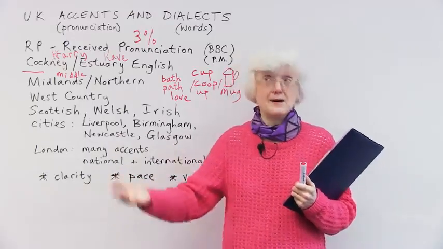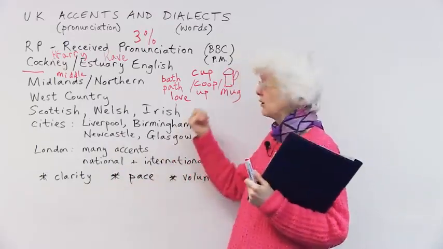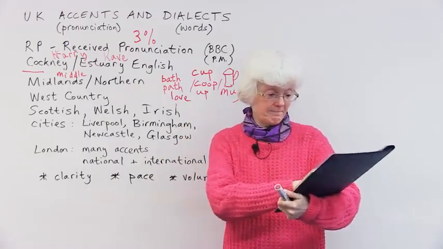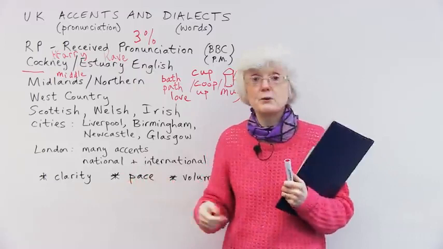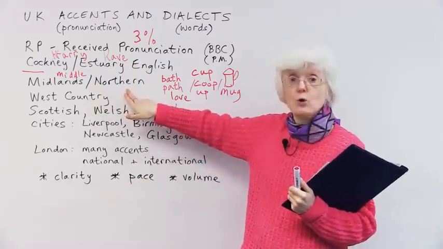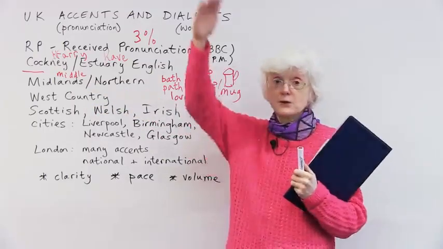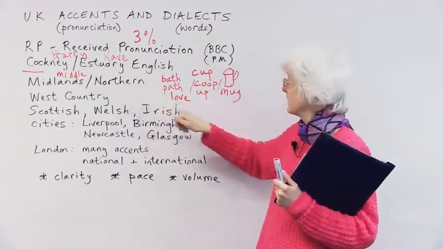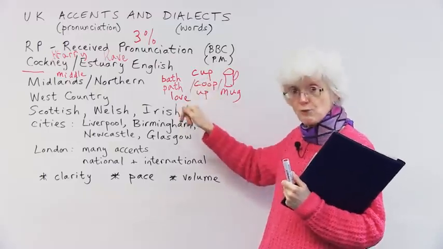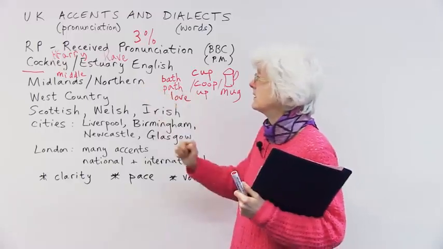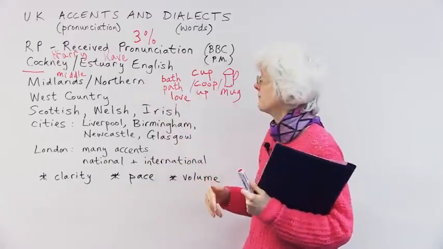Hello, loove. Okay, so that's just a few examples of the Midlands and the northern as well. The further north you go, you still get these bath, path, cup, mug, love, up. It's all very similar, really. So from the Midlands upwards.